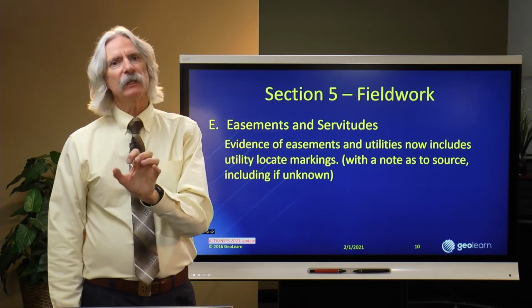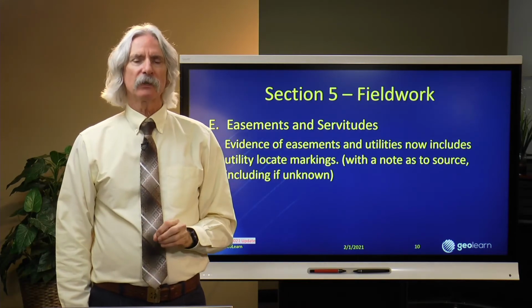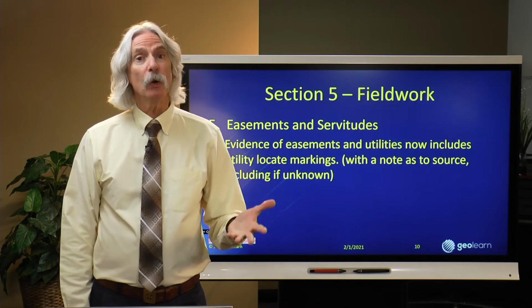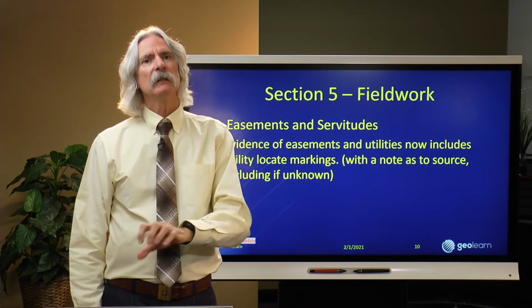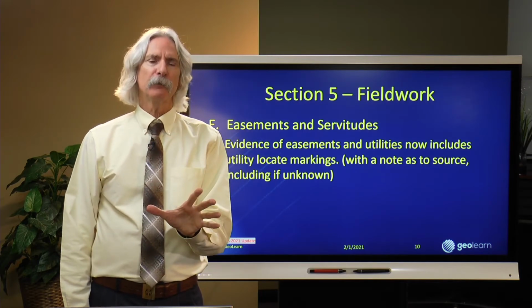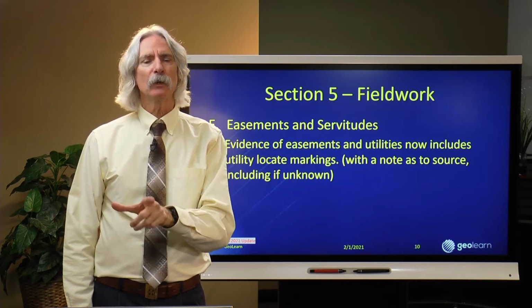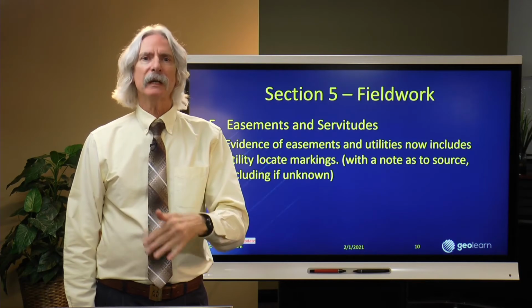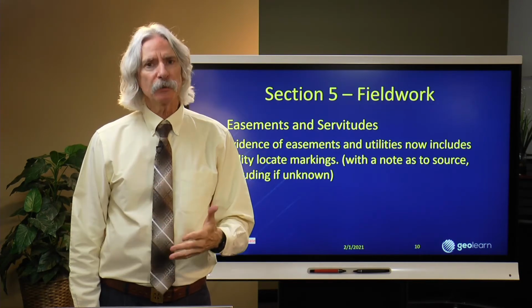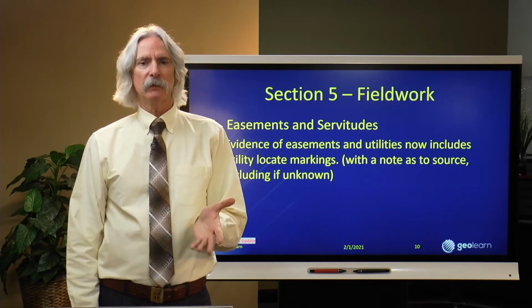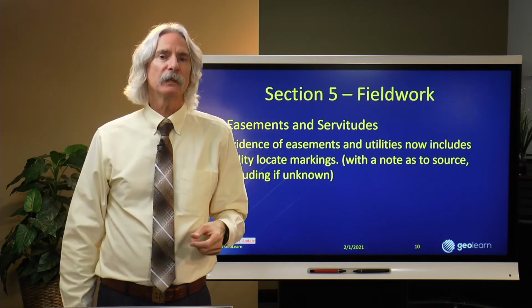So you're going to see that. Now, there was concern over this because we don't always know where those marks came from. And so the committee said, show that information as evidence of an easement or utility with a note as to the source of that information. And if you don't know the source of the information, then in your notes say that we don't know where it came from.